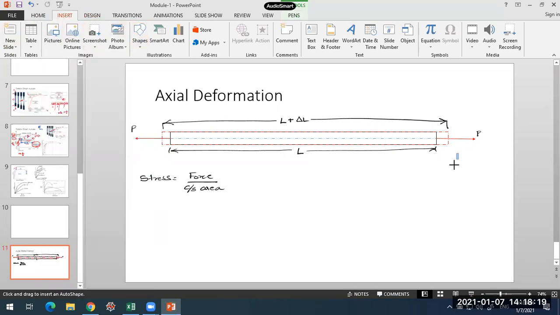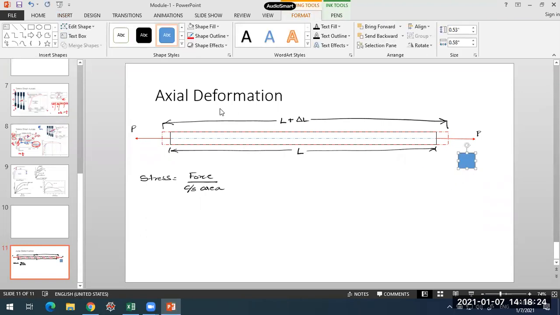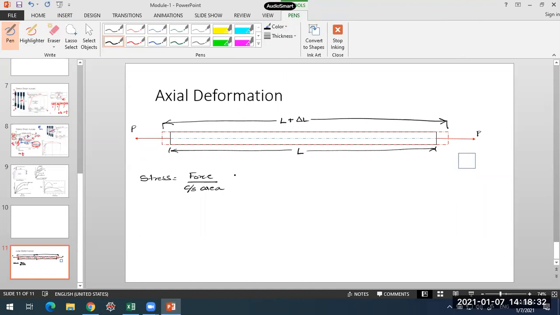For this, I'll take it to be a rectangular area, but it is valid for both rectangular as well as circular. In this case, if the cross-sectional area is A, then I can express the stress as sigma equal to P by A. A is the cross-sectional area of this member.